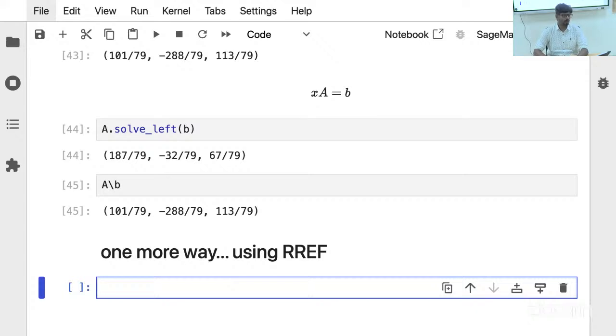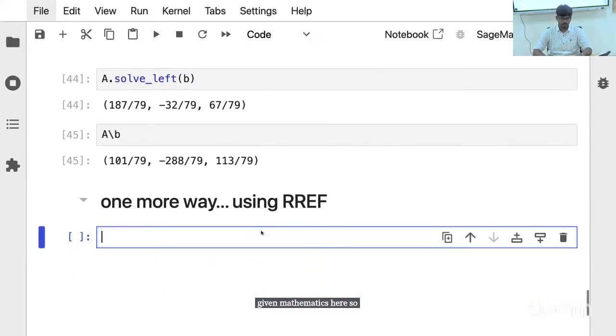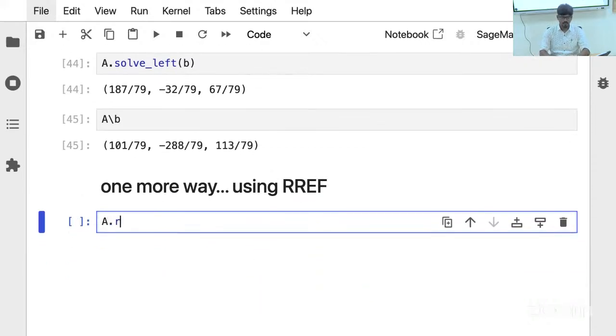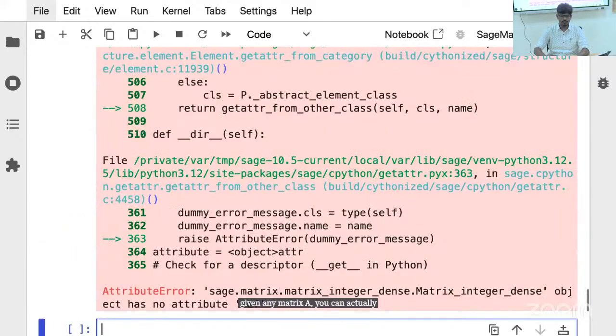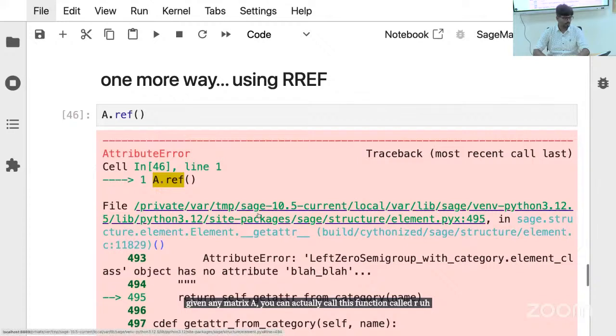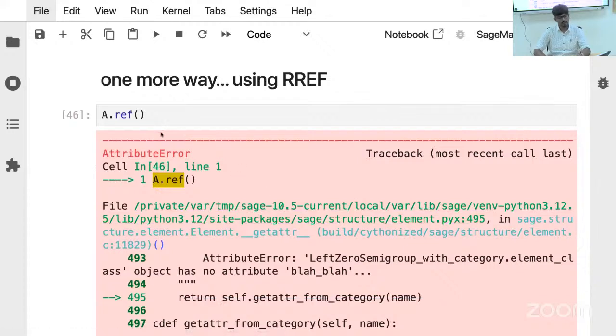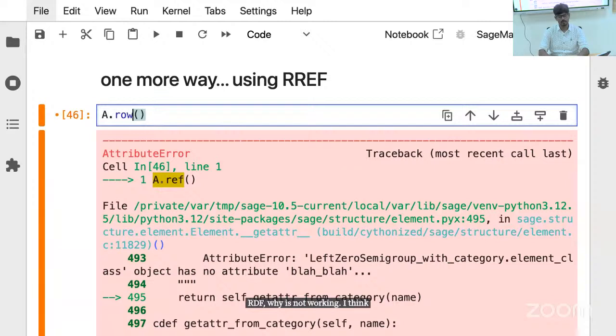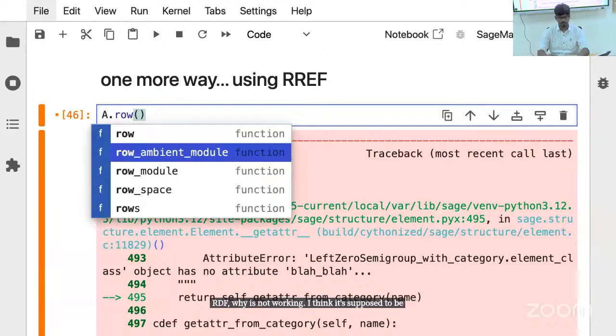I believe you know what RREF is, right? What is the RREF? It is the row reduced echelon form of a given matrix A, correct? And REF is the row echelon form of the given matrix A. So given any matrix A, you can call this function called REF. Why is it not working? I think it's supposed to be row echelon form.